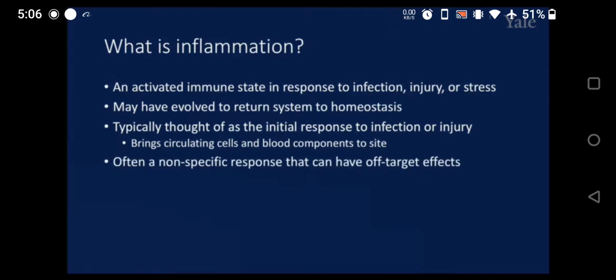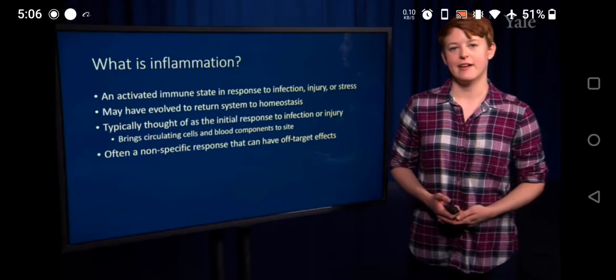So we'll discuss this a little bit, but as you guys talked about with the innate immune system, this response is not specific.